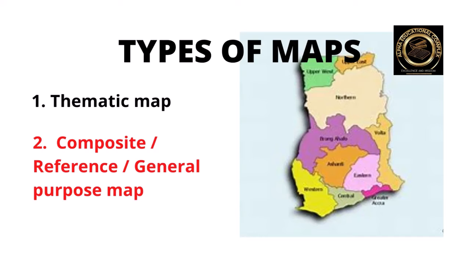The basic answer I can give is no. We have various types of maps, but with reference to this lesson, I have grouped them into two. So basically we have two types of maps. One is the thematic map and the other is the composite map, or reference map, or general purpose map.